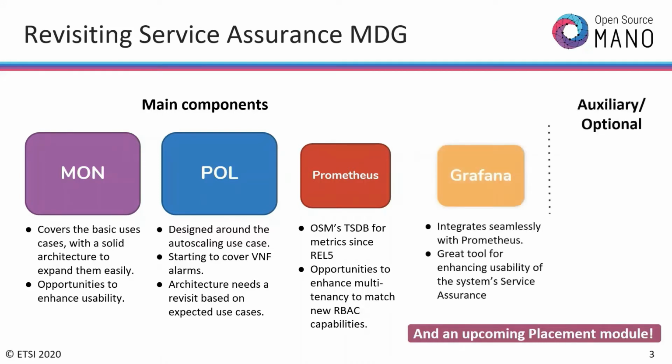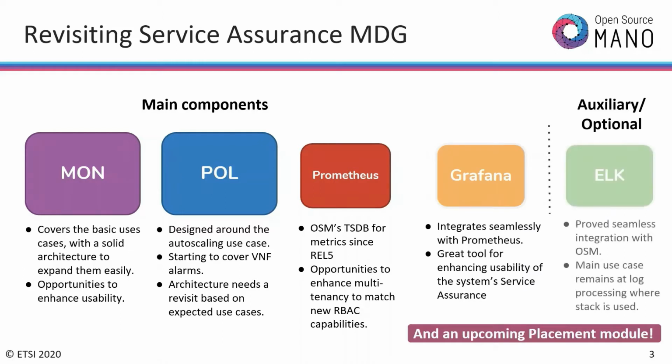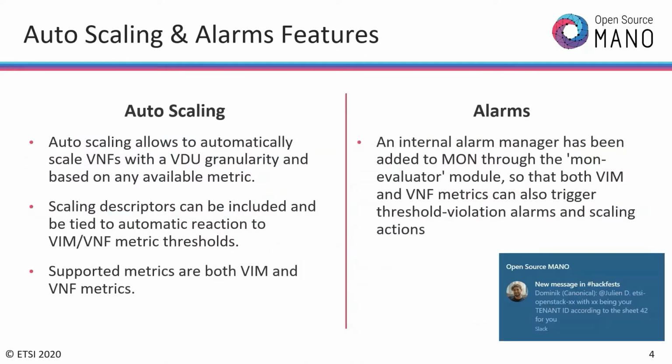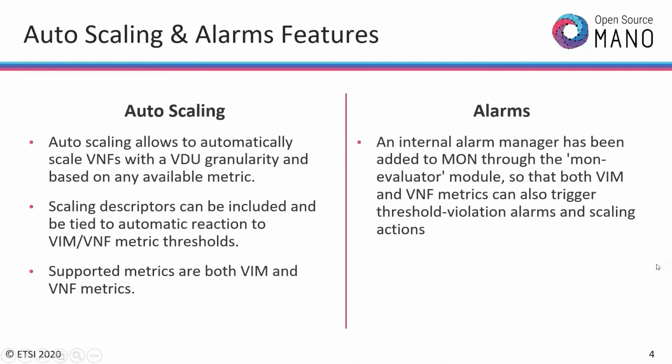And then we have Grafana for the dashboarding, and we have an optional ELK as well. So we'll be talking mainly about the auto scaling and the alarm creation in the service assurance framework.